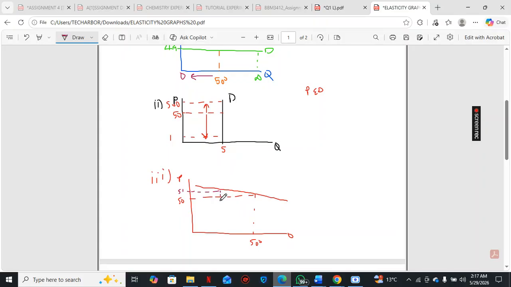You find there's a big effect, the change in quantity demanded is greater than the change in price. Have you seen? Let's say quantity drops from 500 units to 100 units.